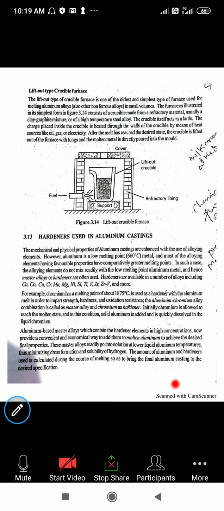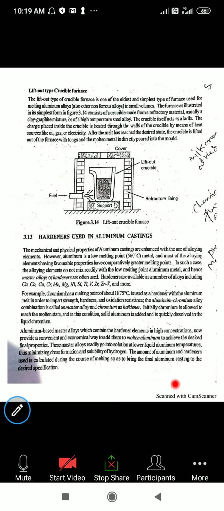Now the hardeners used in aluminum casting. Since aluminum products are very soft and ductile, the property of aluminum is very soft. For increasing the strength of aluminum components, hardening is to be done so that the hardening property can be increased for the aluminum castings.